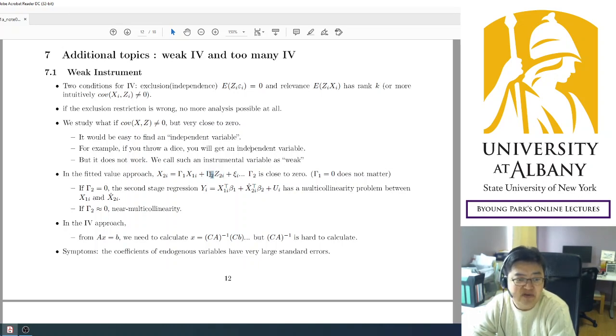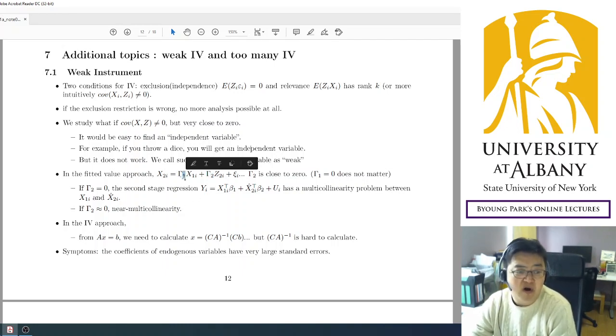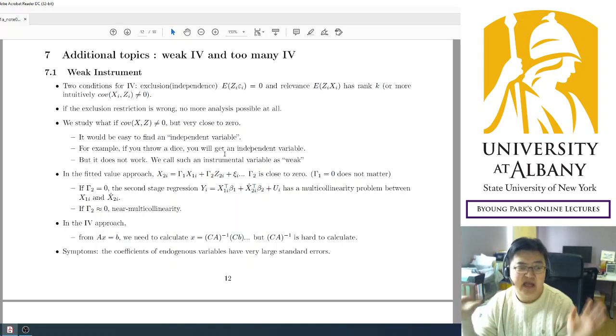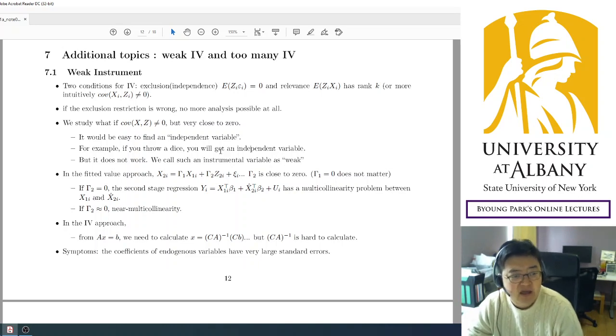So the coefficient of Z2 would be close to 0. By the way, gamma 1, the correlation between x1 and x2, does not matter. They may be uncorrelated, and that does not have any problem. The problem is coming from gamma 2.